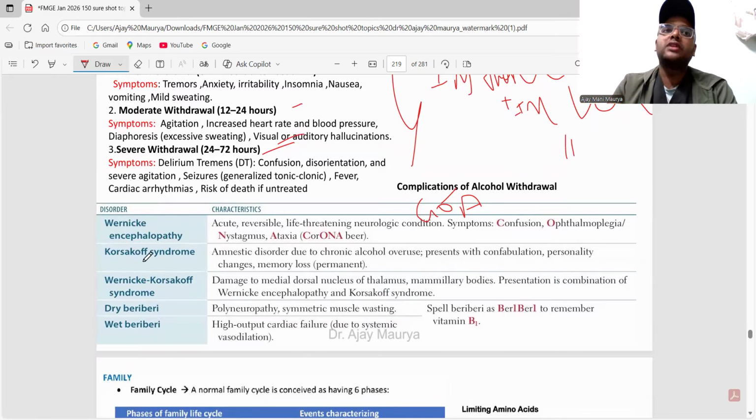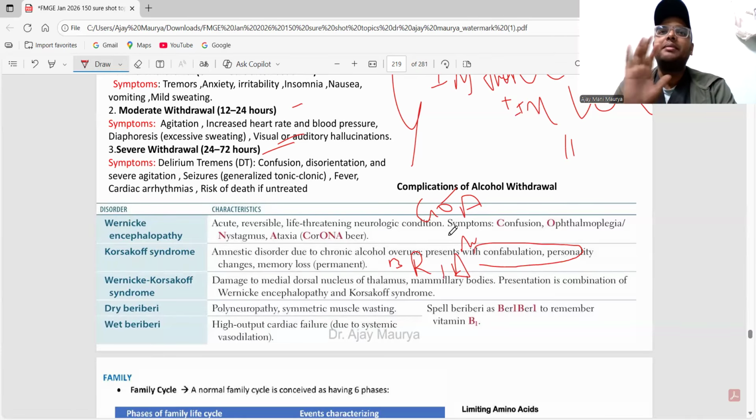Remember in Korsakoff syndrome, there is both retrograde and anterograde amnesia, but the most common is anterograde amnesia, and there is confabulation, meaning he will tell a false story to cover the memory. Okay, these two are important.